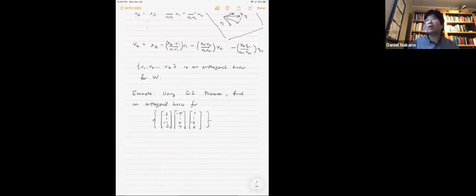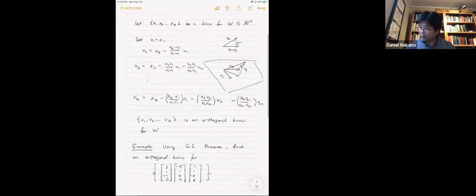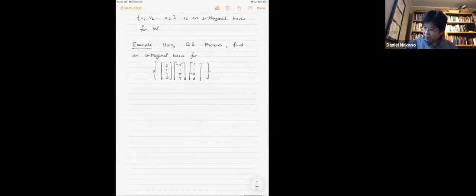Okay. All right, so we actually calculated this example using the Gram-Schmidt process, and we're able to find an orthogonal basis. So this is from last time. And what was the orthogonal basis we got?